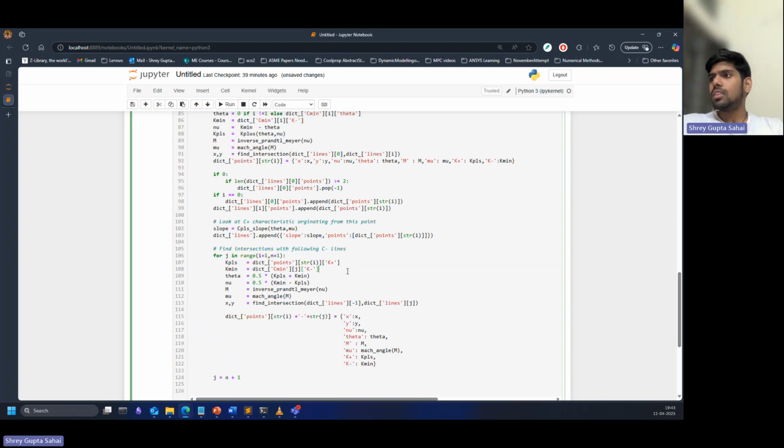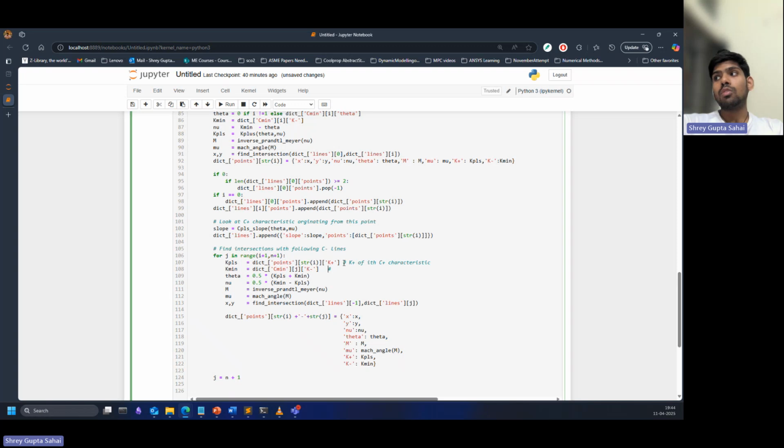And so we use this. And along whatever C minus that we are interested in, we are at the ith C plus line. So let me mark that. K plus of the ith C plus characteristic.